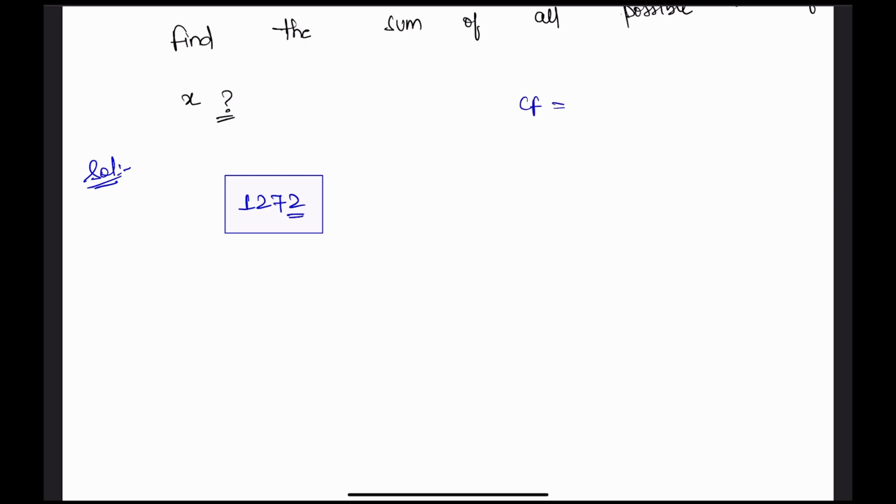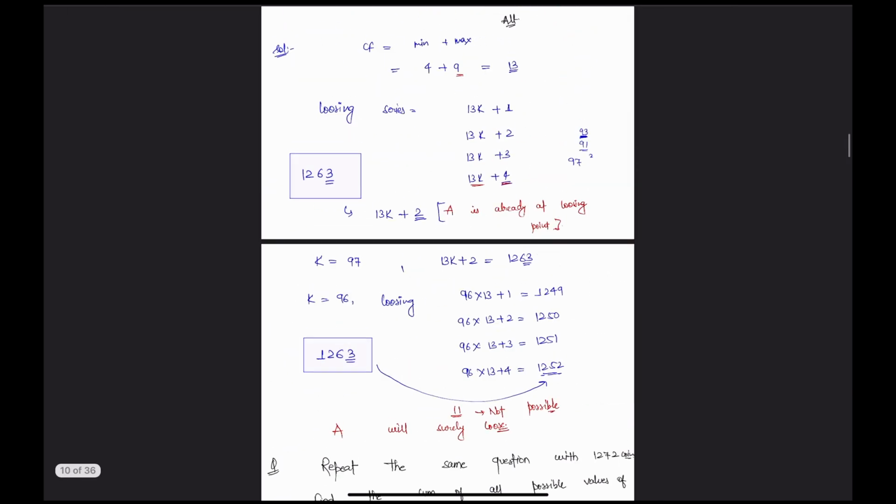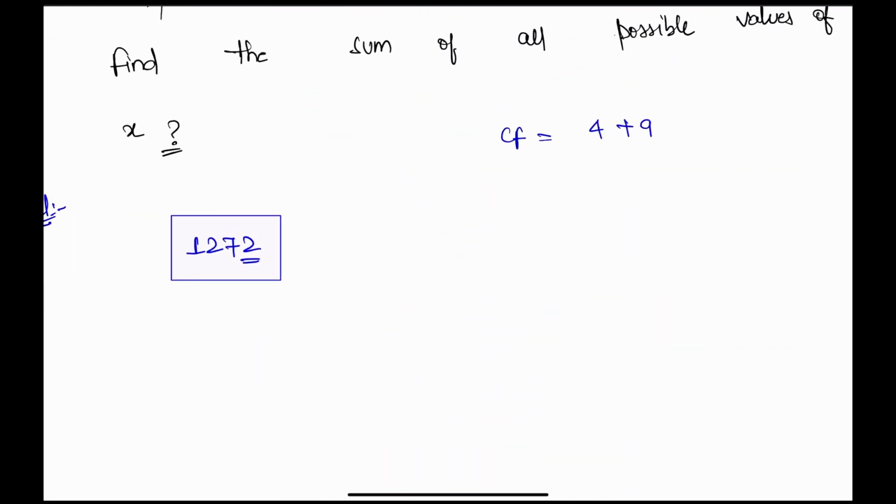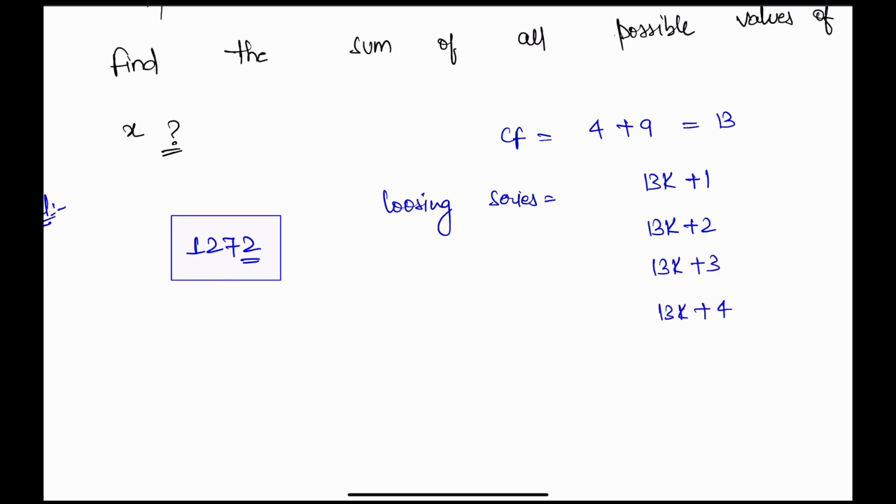CF is again the same calculation: 4 plus 9, that is 13. Then the losing series will be 13k plus 1, 13k plus 2, 13k plus 3, 13k plus 4.